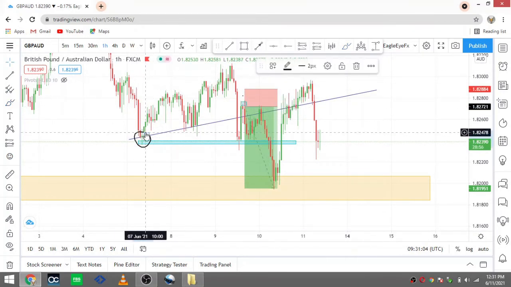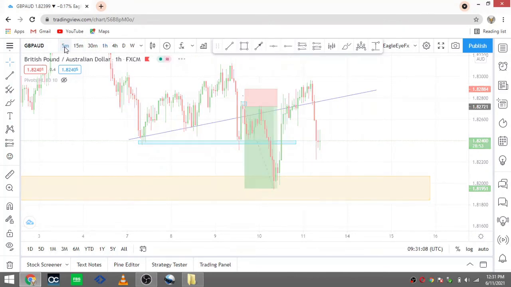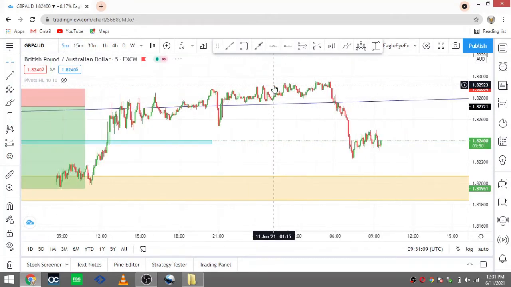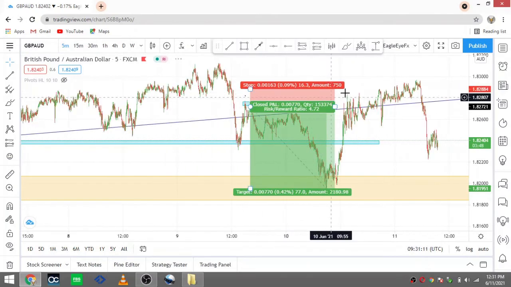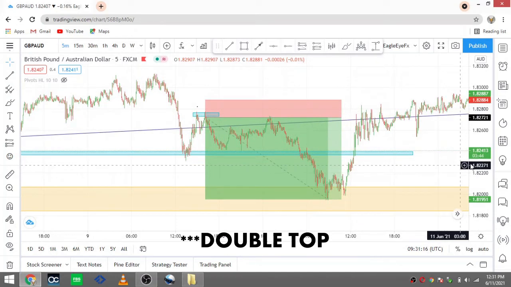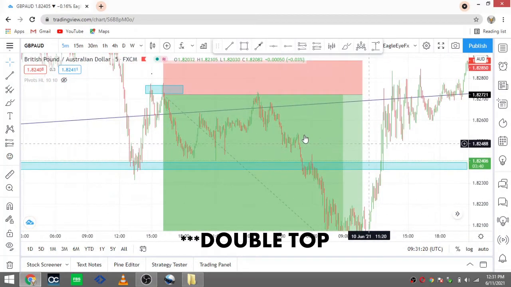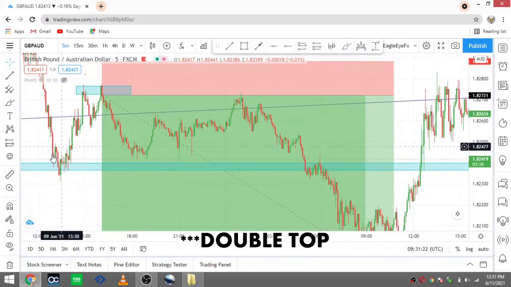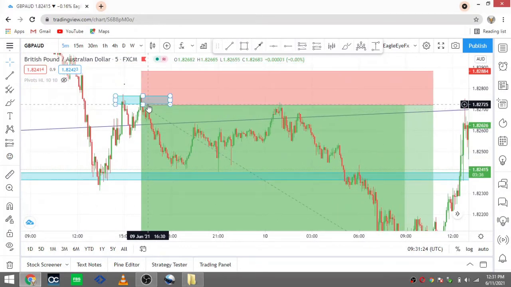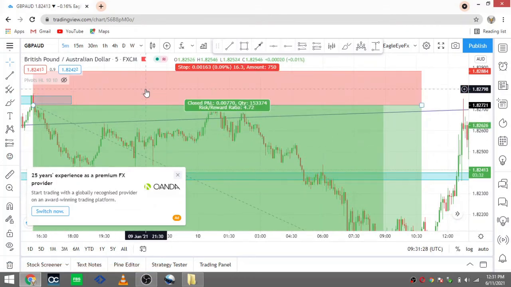I went down further, the 15 minutes time frame to the 5 minutes time frame, and that is when I saw this double bottom formation, double bottom on the 5 minutes time frame, and that is the reason why I decided to enter my sell immediately. This candlestick, let me remove this.